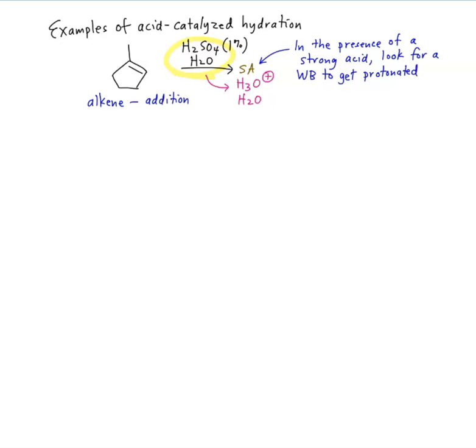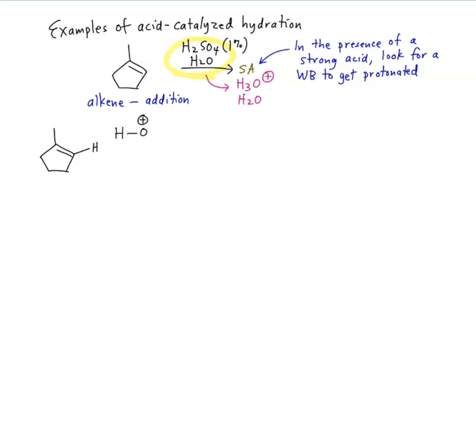So the only thing that we have in there that's weakly basic is the alkene. So of course it's going to be the alkene that gets protonated. You're going to follow exactly the same pattern that you saw on the previous page. All the mechanistic steps are exactly the same.